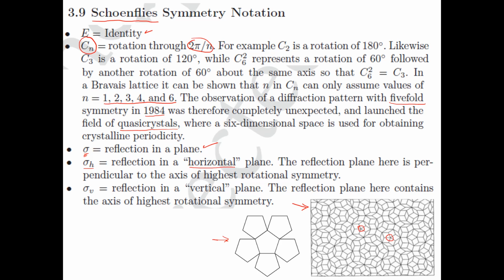A horizontal plane meaning the reflection plane is perpendicular to the axis of the highest rotational symmetry of the molecule. You're going to see examples of that, and then it's going to be easier to understand. And when you have sigma v, it means a reflection in a vertical plane. The vertical plane contains the axis of highest rotational symmetry of the molecule.